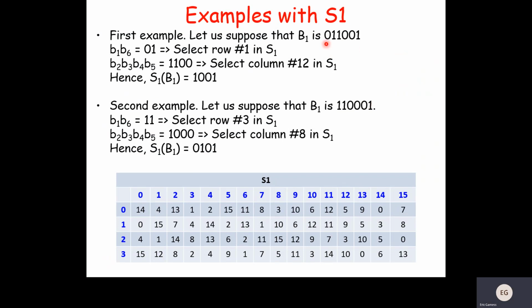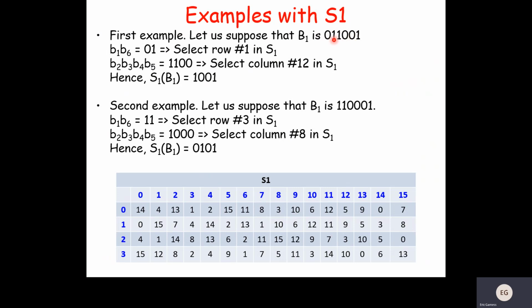Let's say that block 1 is, remember block 1 is 6 bits. And when I apply S1, it has to be reduced to 4 bits. So how do I select the row? I take the first bit and the last bit. So 0, 1. Okay? Bit 1 and bit 6. 0, 1 is 1. So I need to select row 1. So this row. Now I need a column. How do I get the column? I take the bits that are inside, the center bits.